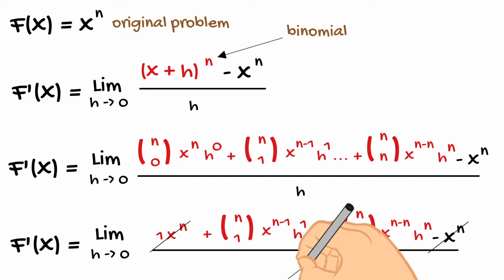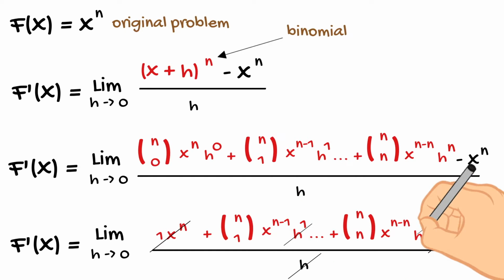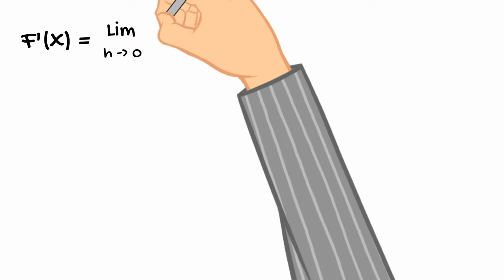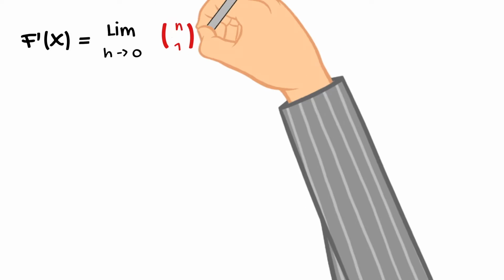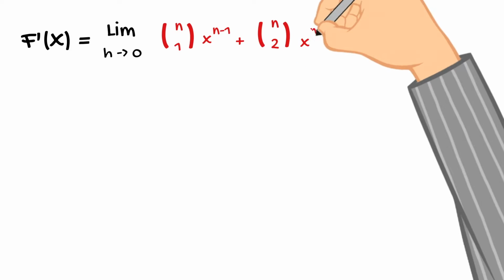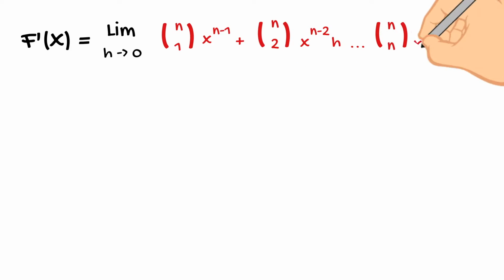So we can divide all of our terms by h, which gets rid of the h in the denominator and gets rid of one of the h's in every single term in the numerator. And this gives us the following: n choose 1 times x to the n minus 1 plus n choose 2 times x to the n minus 2 times h, and so on.